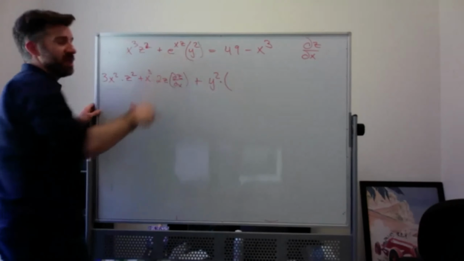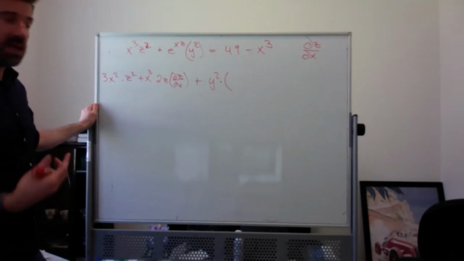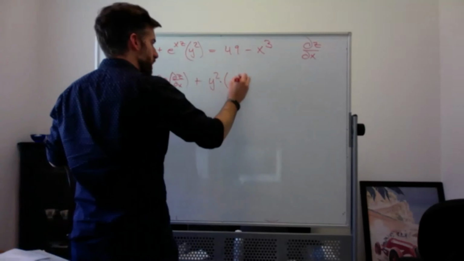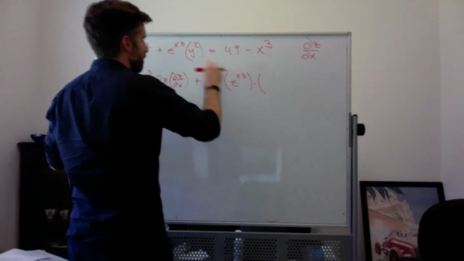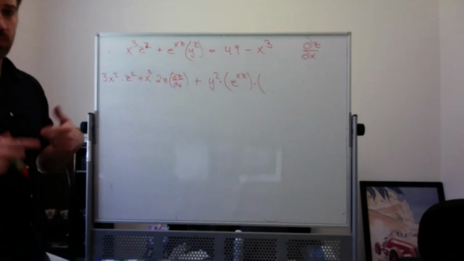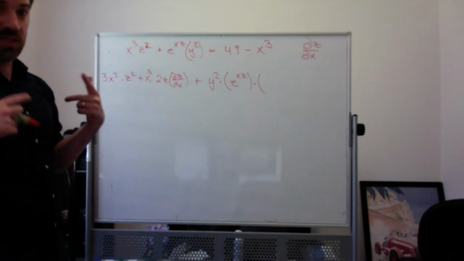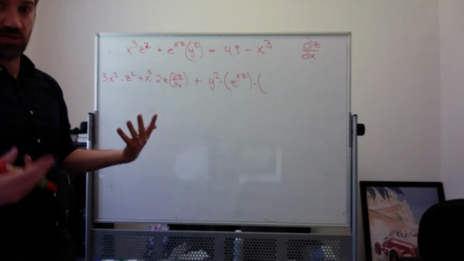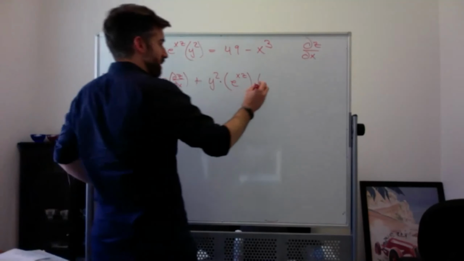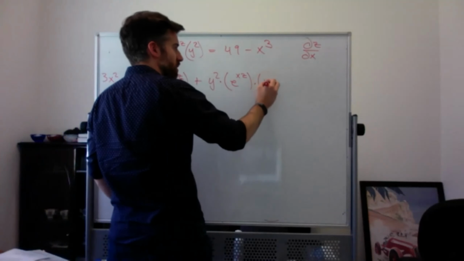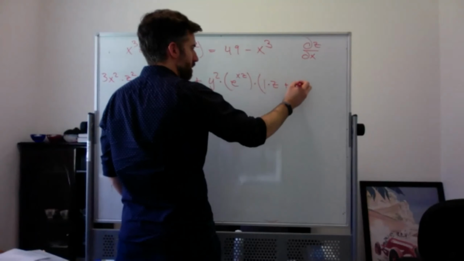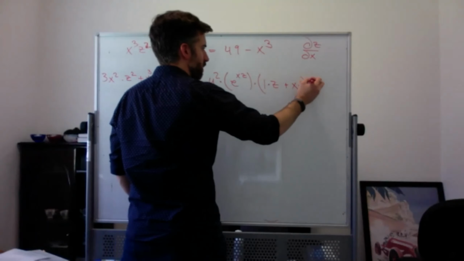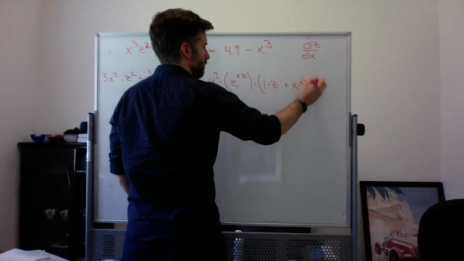But the derivative of e to the xz, well, the derivative of e to the stuff is e to the stuff times the derivative of the stuff. But the derivative of x times z, well, since they're both functions of x, I have to use the product rule. So the derivative of x times z is the derivative of x times z plus x times the derivative of z, right?